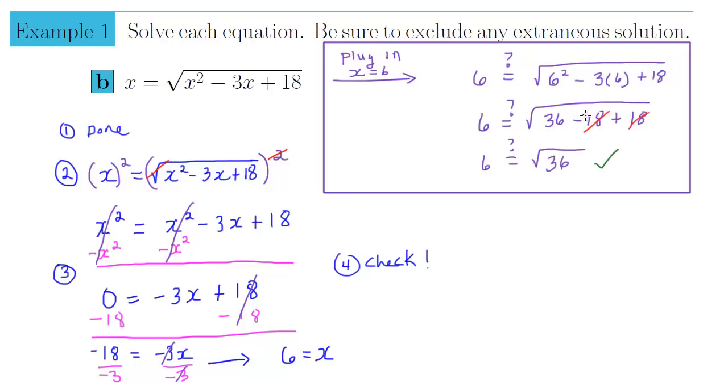Negative 3 times 6 is negative 18 plus 18. The 18s give you 0 because one's positive, one's negative. So the equation reduces to 6 equals root 36. Is that true? Yes. The square root of 36 is positive 6, so it checks, which means x equals 6 is a valid solution to our equation.